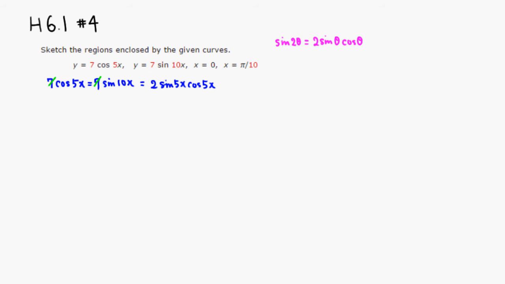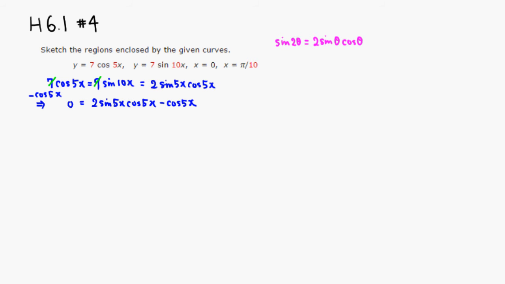And then I'm going to subtract cosine of 5x from both sides. So you get 0 is equal to 2 sine of 5x cosine of 5x minus cosine of 5x.